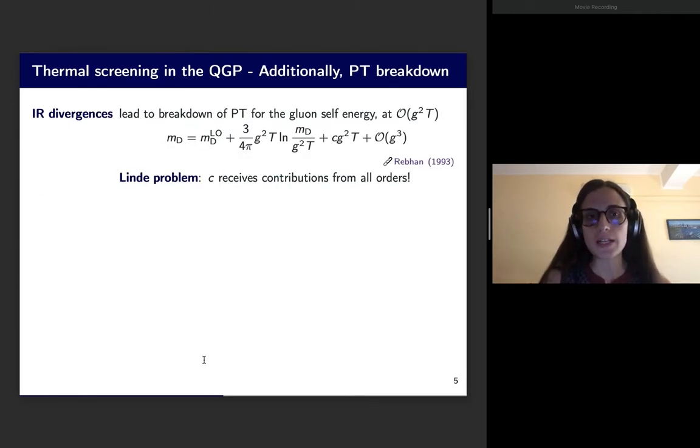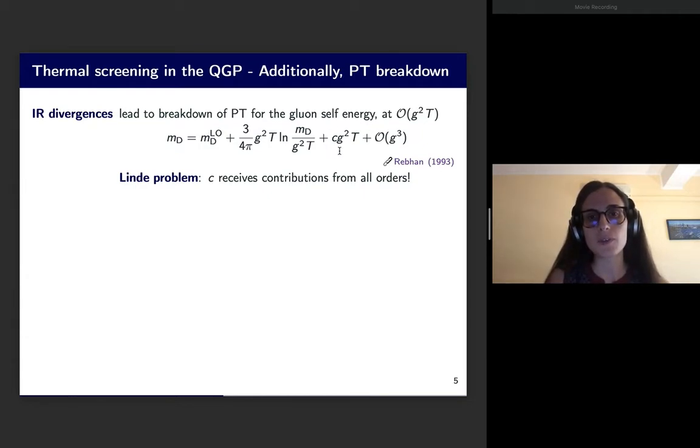However, additionally, as we have heard already, the infrared divergences lead to a complete breakdown of perturbation theory, and we can consider the gluon self-energy at order g squared T to understand that. What happens is that you have a perturbative expansion for the Debye mass that contains a leading order, which we have already seen together, plus other terms.